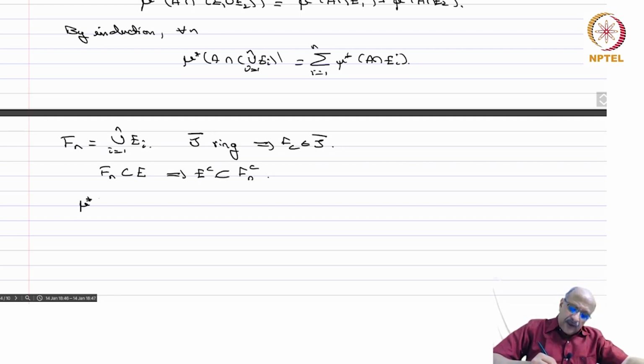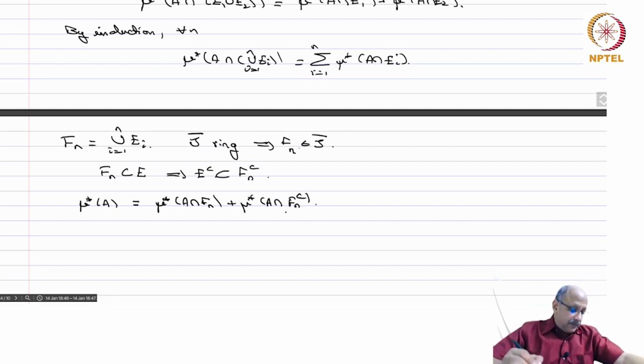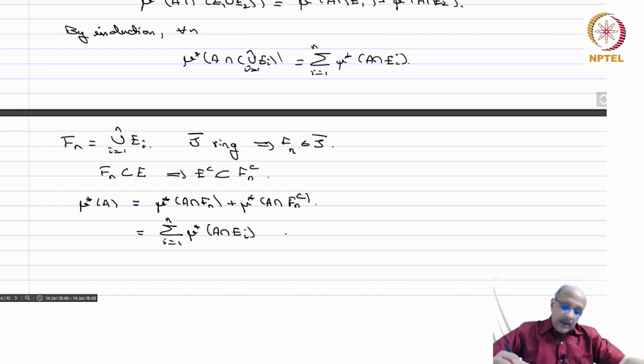So F_n belongs to S bar, therefore mu star of A equals mu star of A intersection F_n plus mu star of A intersection F_n complement. And mu star of A intersection F_n, we have already seen, is sigma i equals 1 to n mu star of A intersection E_i, and F_n complement is a bigger set than E complement, mu star is monotone, so this is greater than or equal to the sum plus mu star of A intersection E complement.